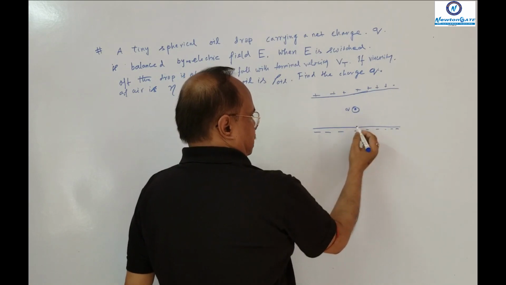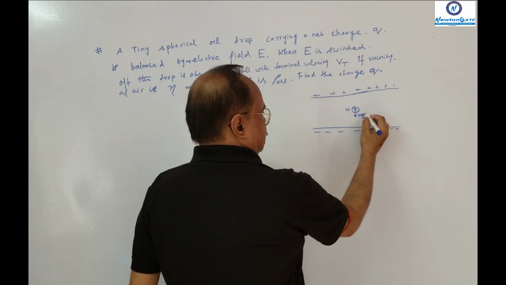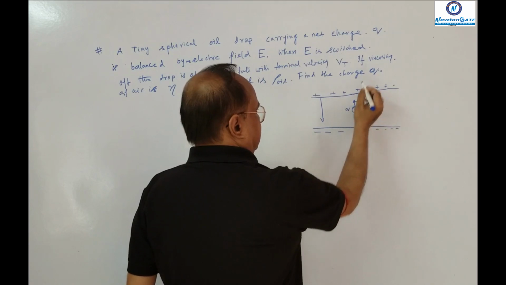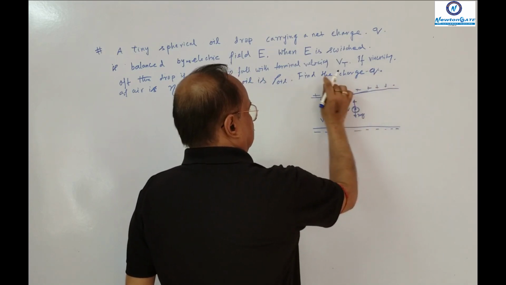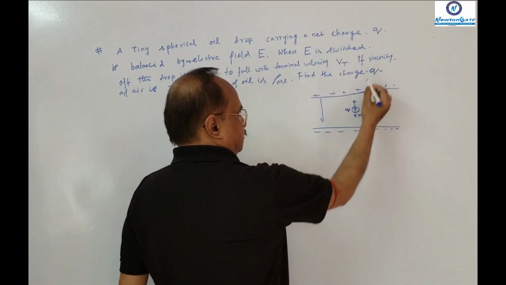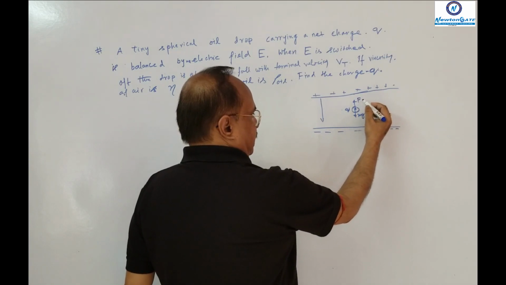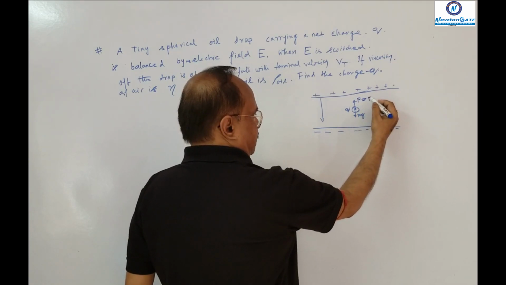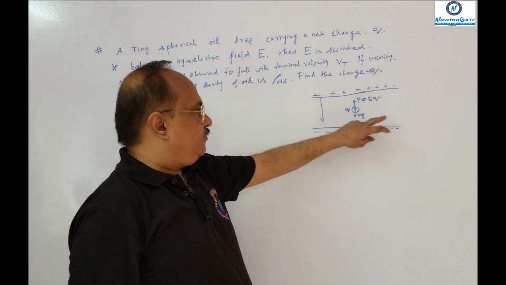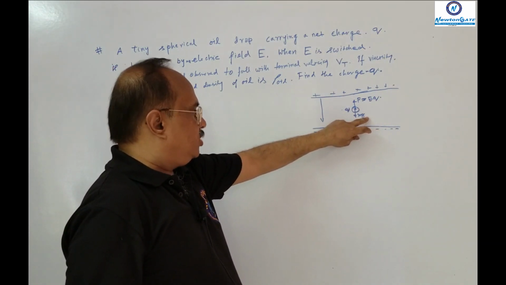This oil is balanced. That means there is a force downward, mg, and there is an electric field E, but it is a negative charge. We haven't said it, but you have to take it as negative charge Q. The force due to the electric field will be upward on this, and it will be EQ. That means when the electric field is there, EQ equals the weight of the oil drop.